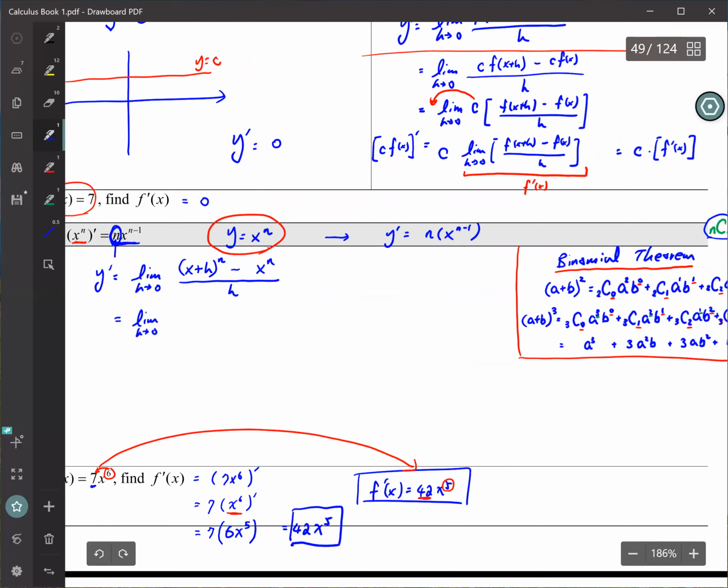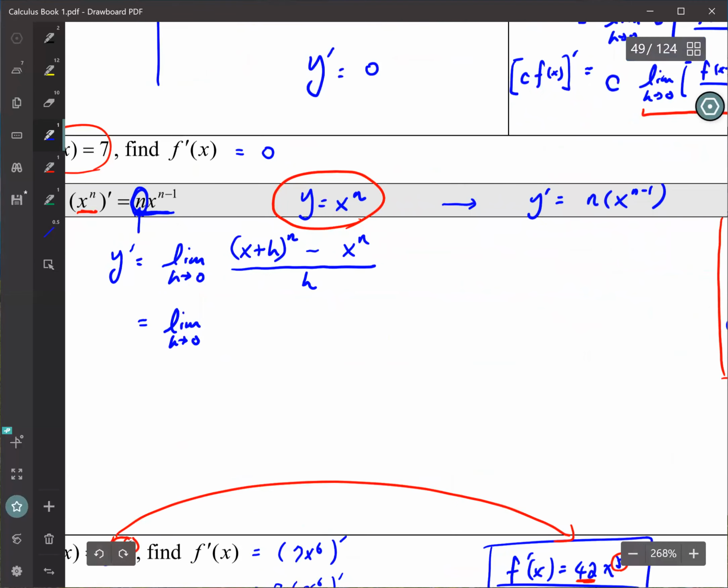For the x plus h to the n, I'm going to use green so you can see more clearly. The first term will be nC0, because we don't know the n, we just write n. And then x to the n, because n minus 0, and then h to the 0.